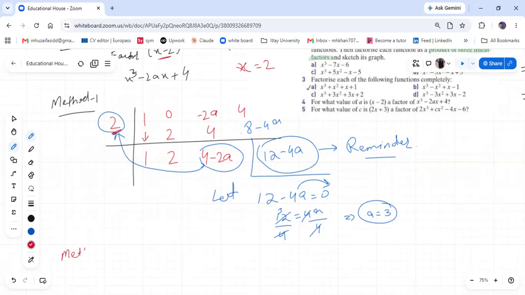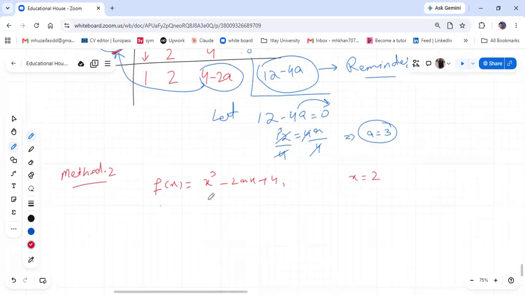Same problem, but we are doing method 2. So our function is f of x is equal to x cube minus 2a of x plus 4, and our factor is x minus 2, so x is equal to 2. So simply we set x equal to 2.